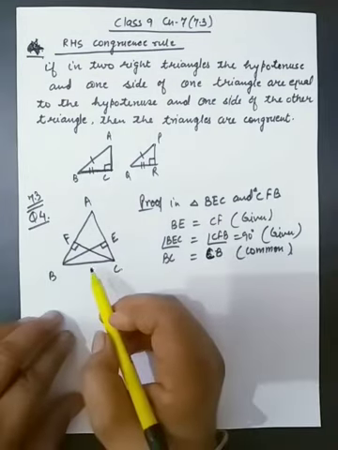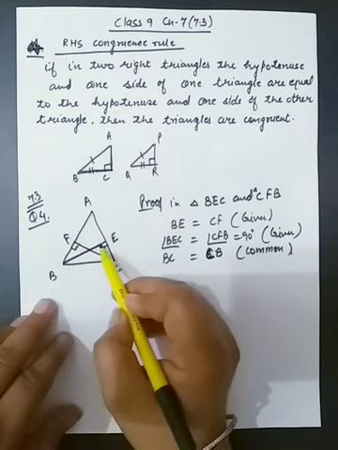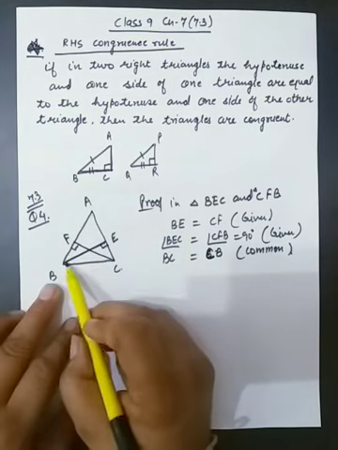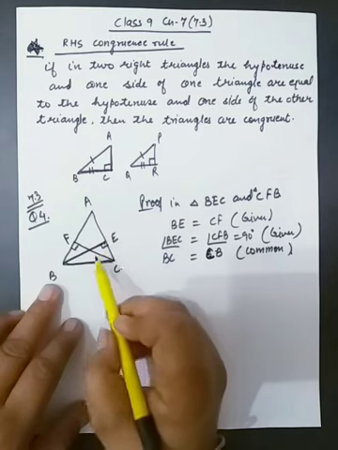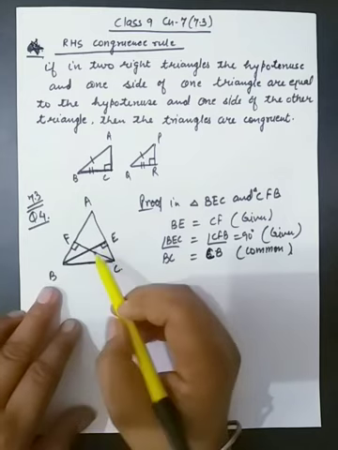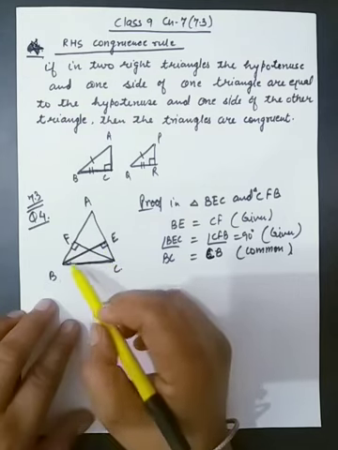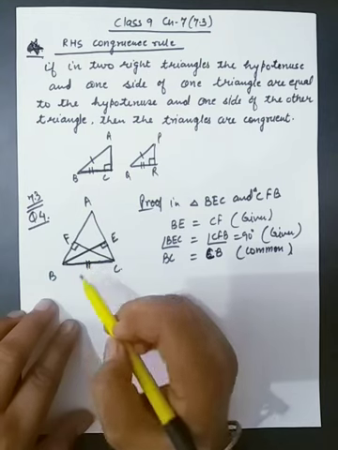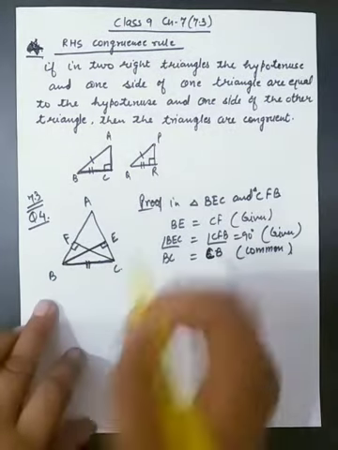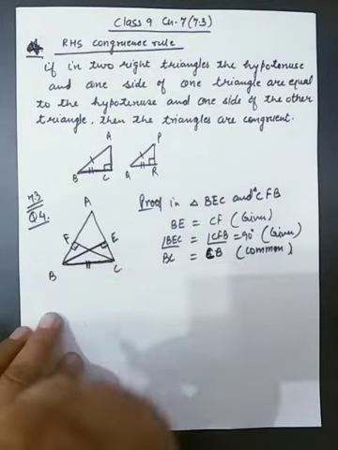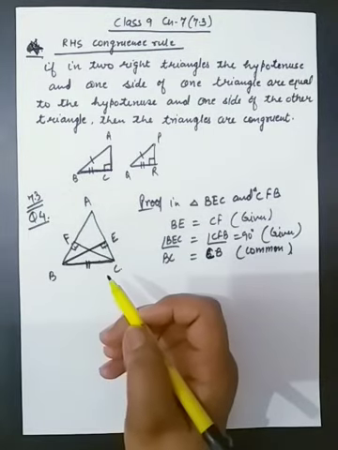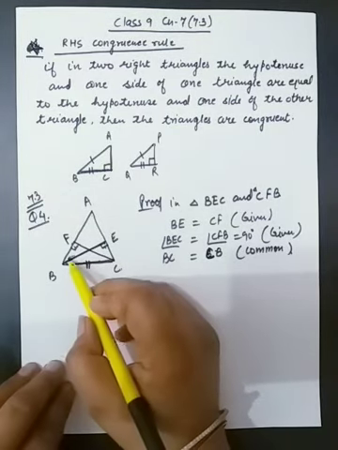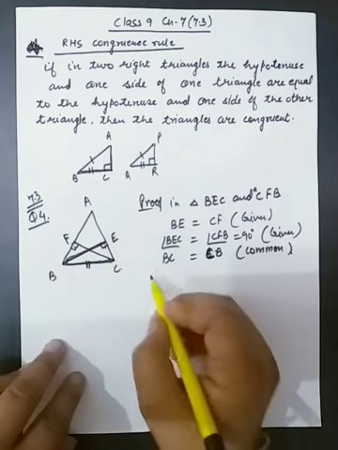So it means now you can see hypotenuse of both of the triangles are equal. Hypotenuse of triangle BEC is BC and hypotenuse of triangle CFB is CB. So this is equal, hypotenuse equal हो गया according to RHS rule, and angle 90 हो गया, and we need one more side and वो आपको given है BE is equal to CF.